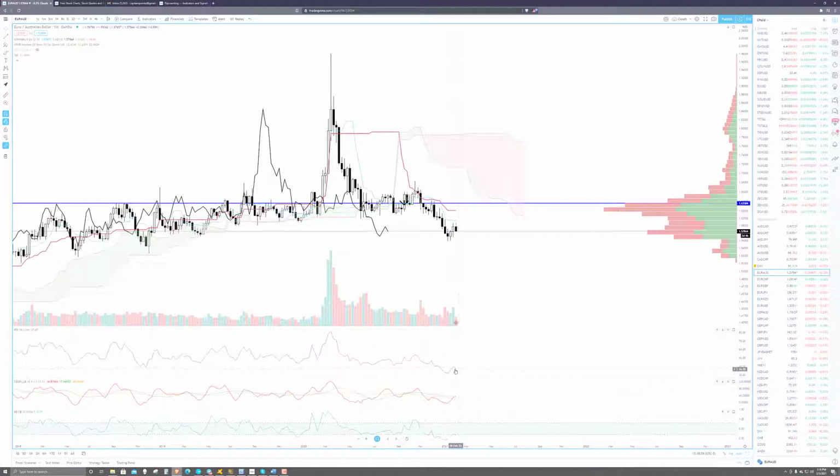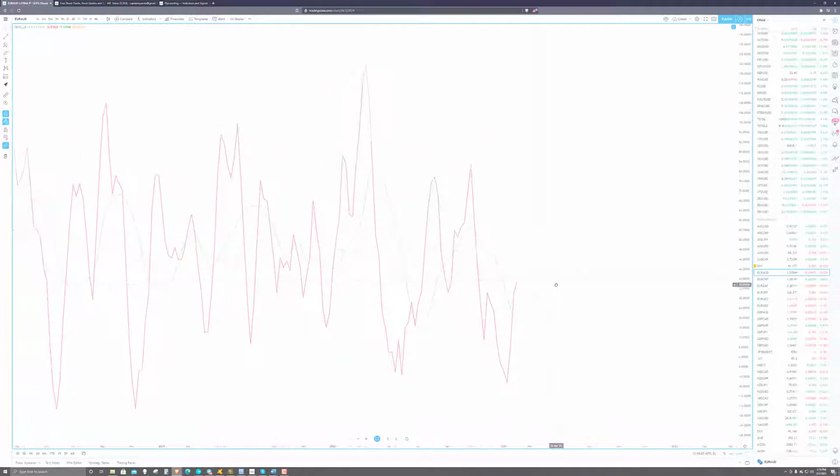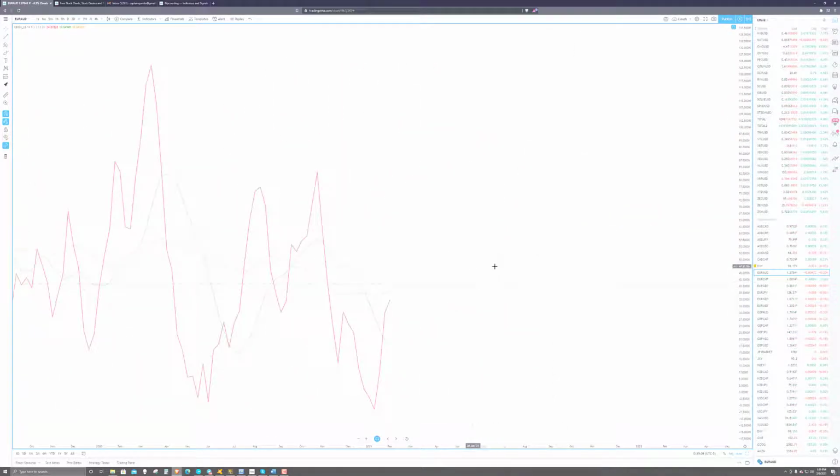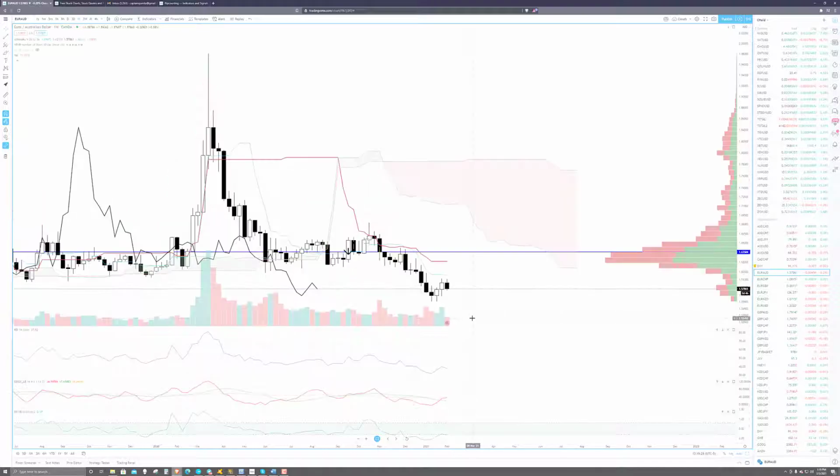The RSI has bounced and it's sloping down, but this is the one that I think is the most important out of the bunch. So the composite index right here, this is what we want to look at. We want to look at if the CI crosses above the slow moving average on the weekly chart, because that will confirm, at least for a short period of time, a strong corrective move, and that corrective move may be prolonged.